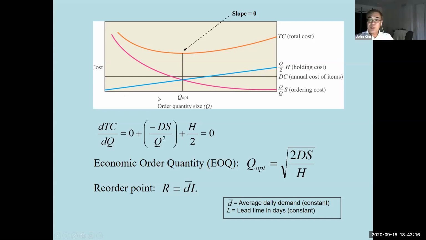Increase order quantity, then holding cost increases, but order cost decreases. On this point, if this quantity is optimal, or economic order quantity, holding cost and ordering cost are the same.